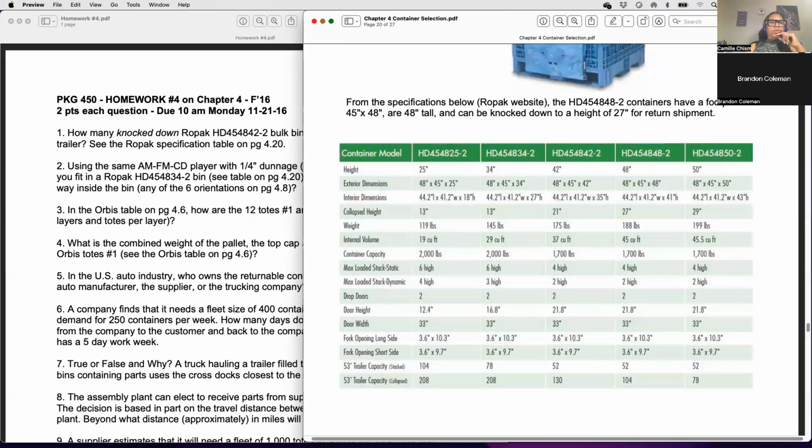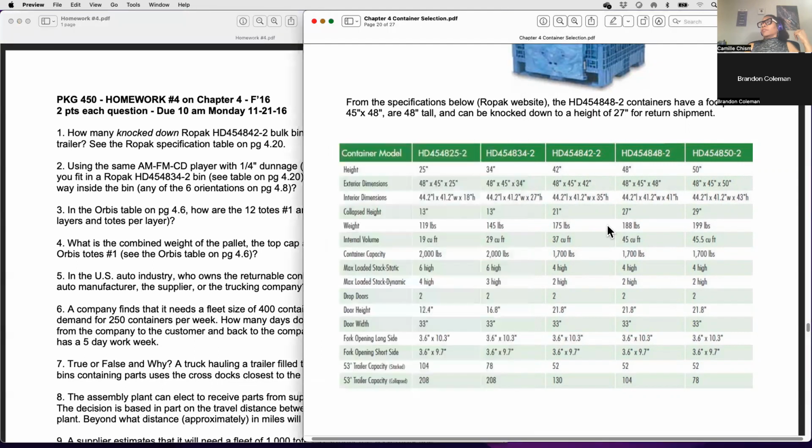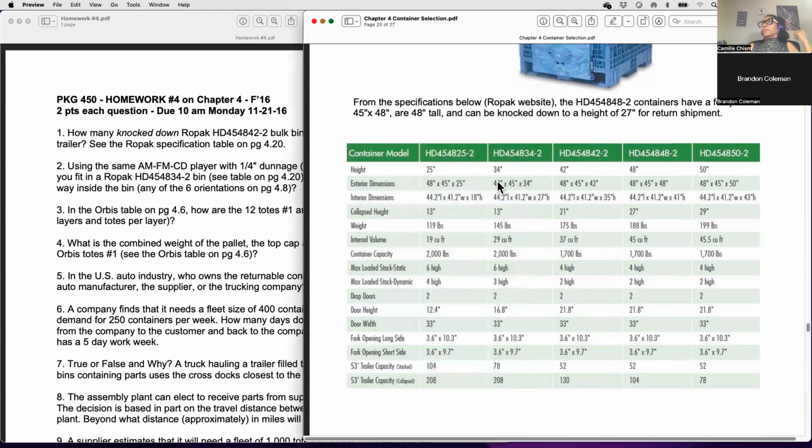Let's see, for number 2, you are looking at the same radio, and we kind of went through some of these scenarios about how many of these, they're calling them CD players, how many can you fit into the roll pack for the 45, 48, 34 bin. So again, you're looking at this bin right here, 48, 45, 34.